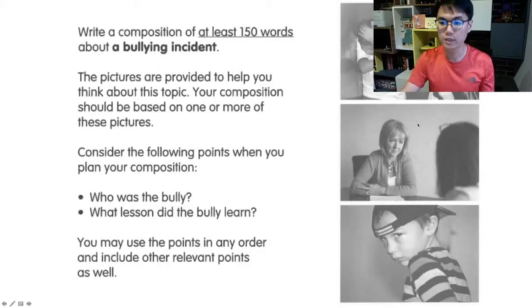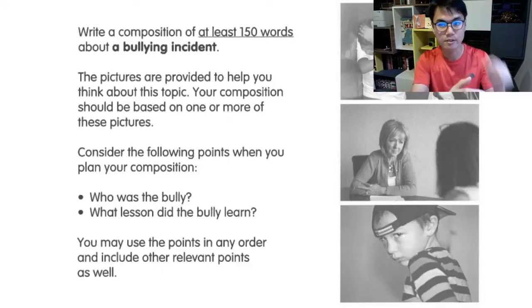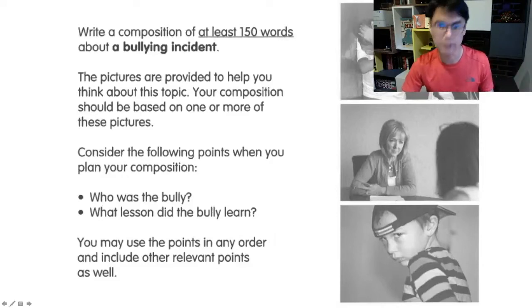And then over here we have these 3 pictures, right? The first picture is of a boy apparently hitting or slapping another boy. Probably the boy that's being slapped is the victim, and the boy doing the slapping is the bully. Alright, so this picture should be very easy for us to use in our composition. So I would recommend, out of the 3 pictures, that we look at the first picture as the picture to include.